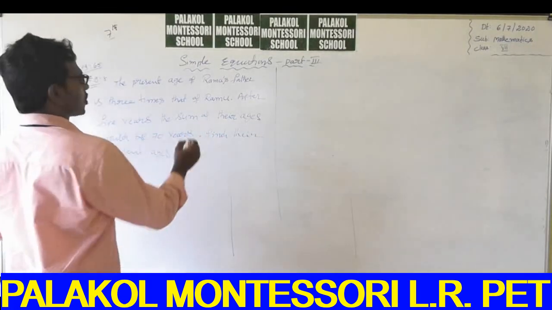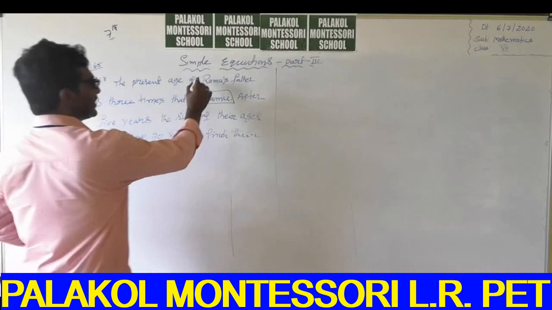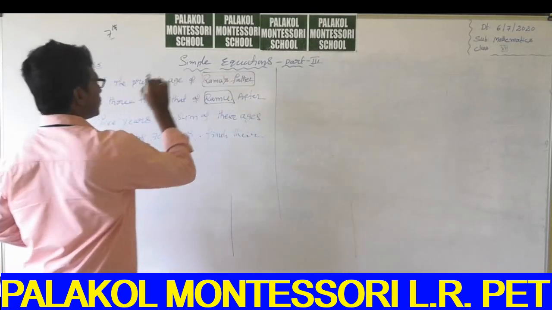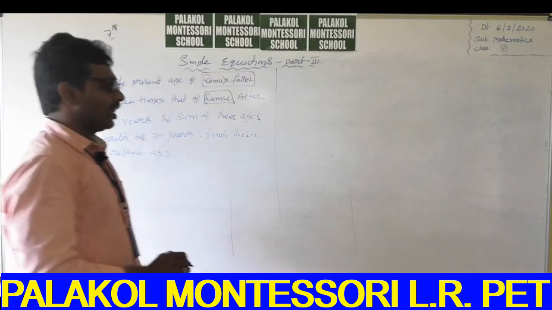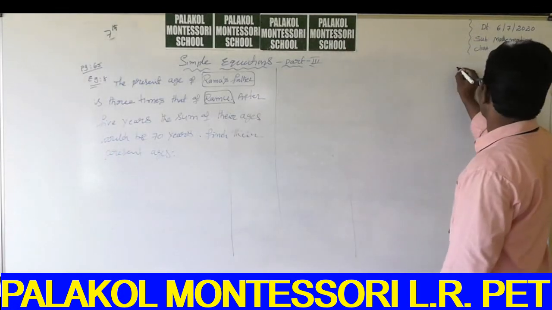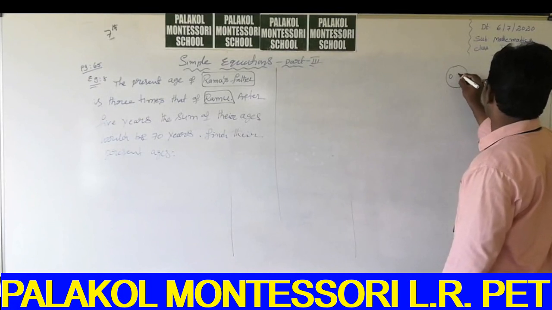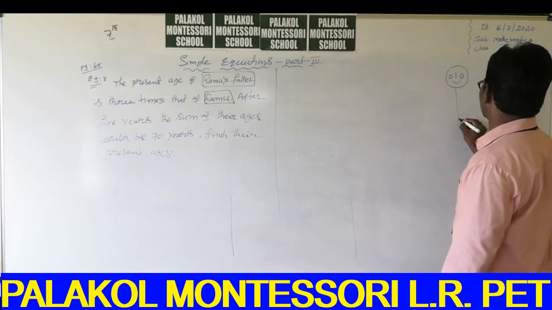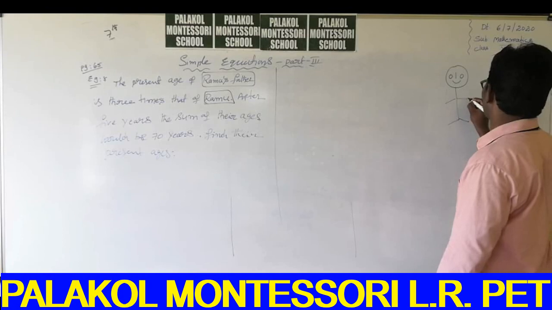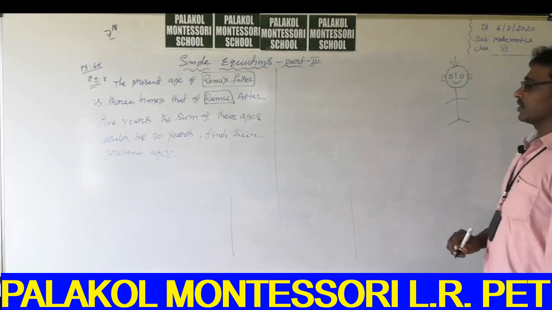One person is Ramu, another person is Ramu's father. So I draw the two persons on the blackboard. This boy is Ramu.